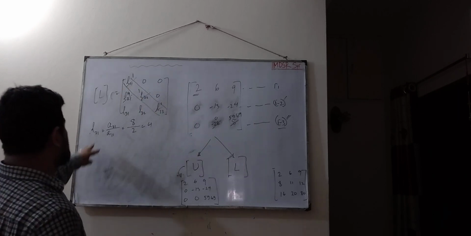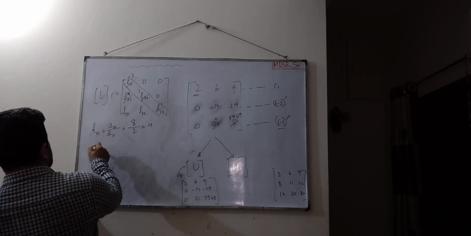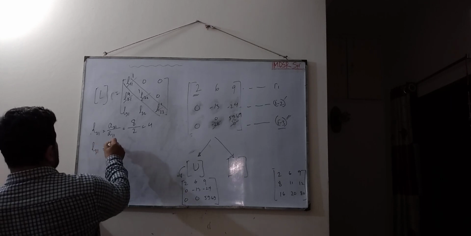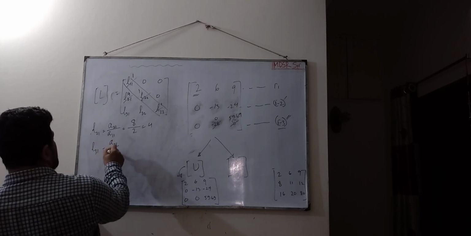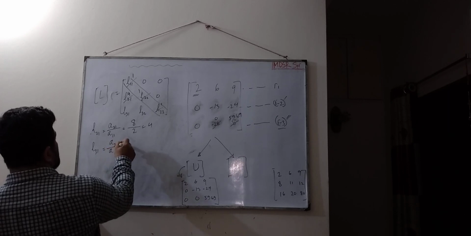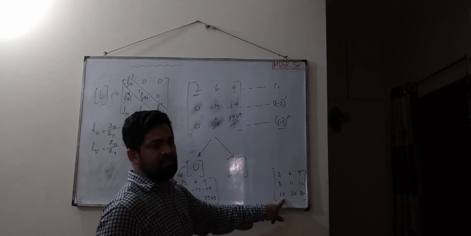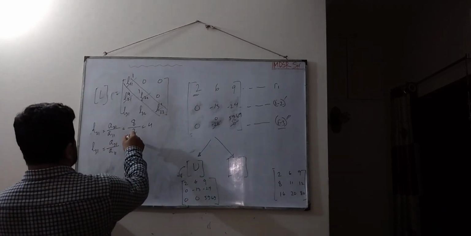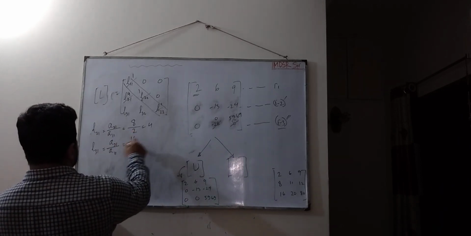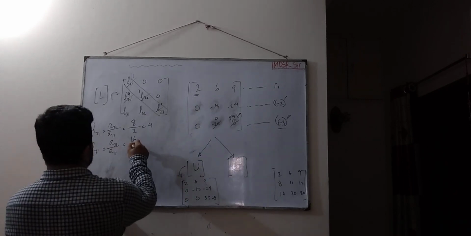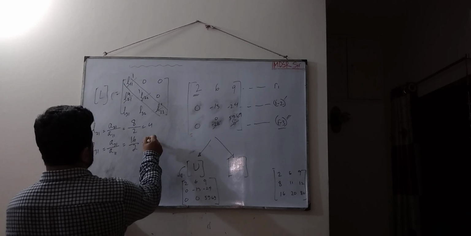How about L31? L31 is just like before, A31 by A11. What was A31? A31 was 16, divided by A11 which is 2, so this is 8.